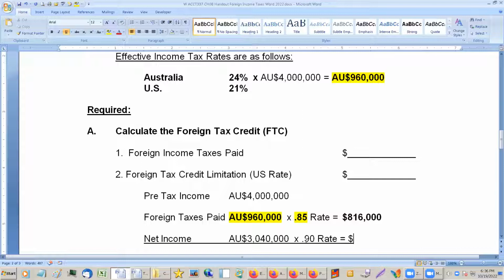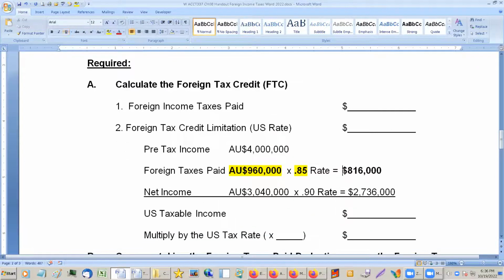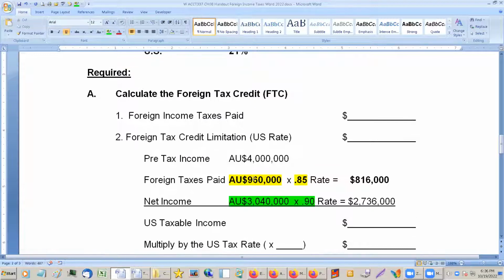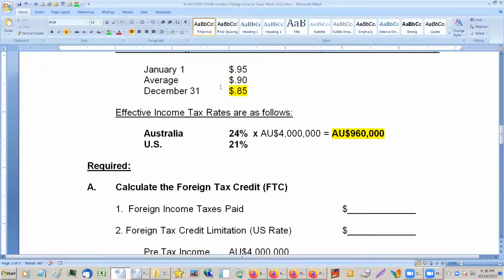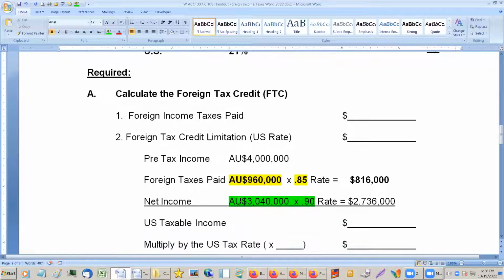237. No, 2736. Okay, so we paid out taxes at the 0.85 rate. The rest of the net income was at the average rate.